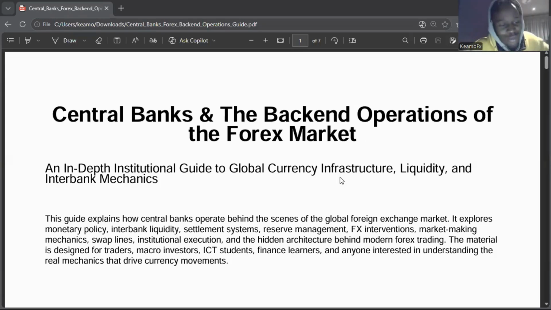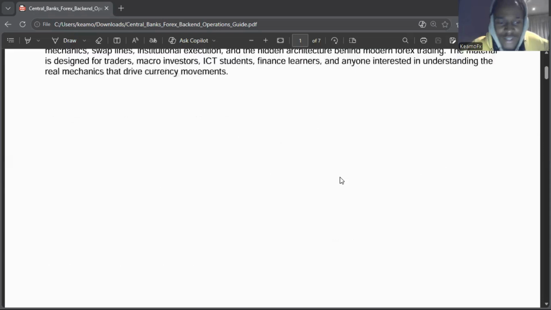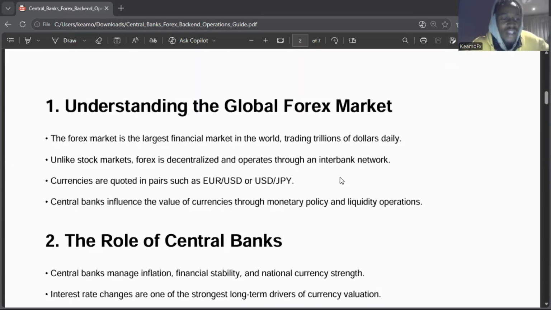It teaches you how monetary policies, interbank liquidity, settlement systems, reserve management, forex interventions and market mechanics all work. I know this sounds like alien language, but trust me, it's not that complicated. Once you understand the terminology, it's actually pretty simple. So without any further ado, let's get straight into it.